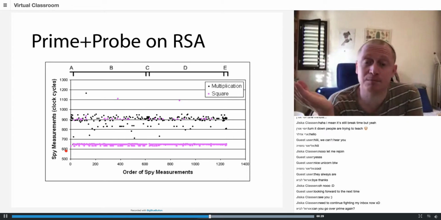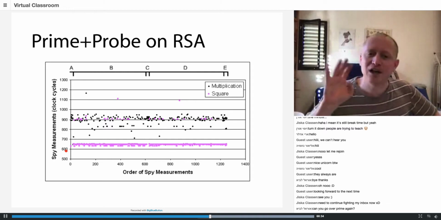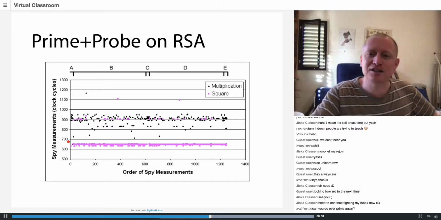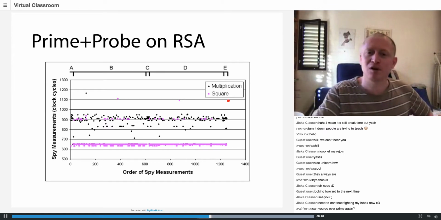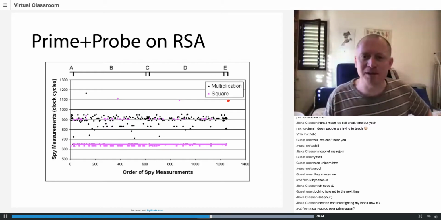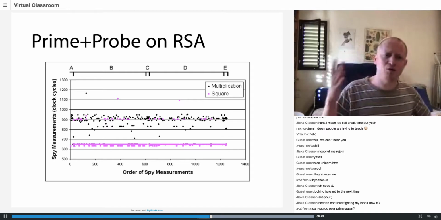Essentially, it's not exactly prime probe, but essentially to probe its own array. And one data structure that the attacker has collides with the square operation of the victim, and one of them collides with the multiply operation of the victim. So you remember RSA has square and multiply.